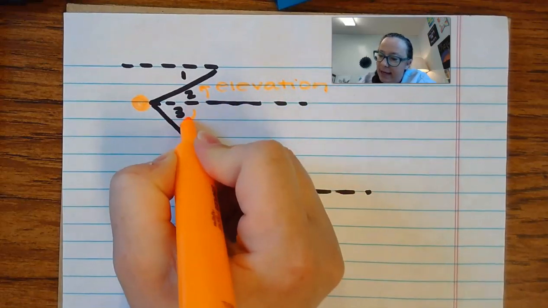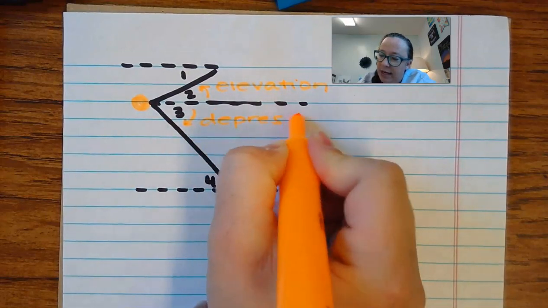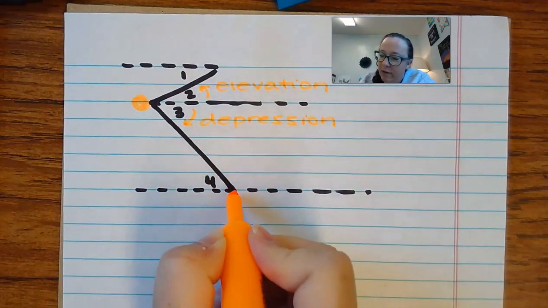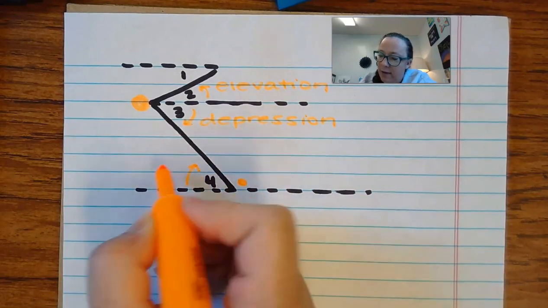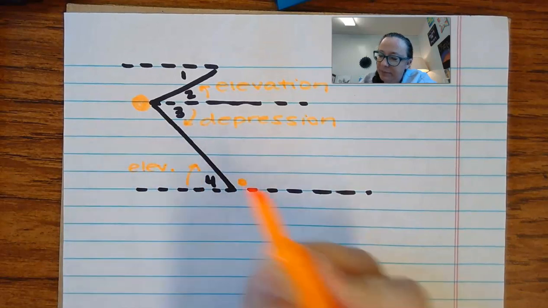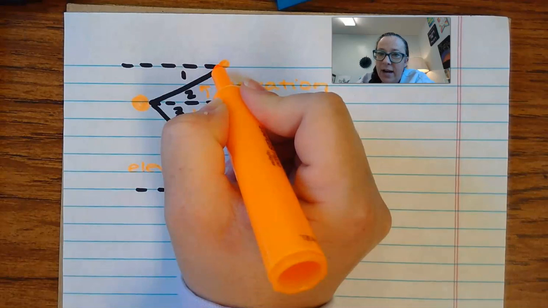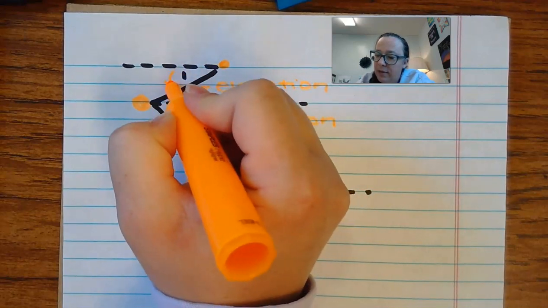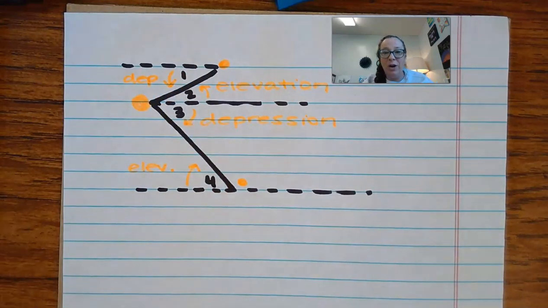And then down here to whatever was down here, that's an angle of depression because you're looking down. Now from whatever was right here as the observer, this is looking up from a horizontal line, so that's elevation. And then whatever observer is here, from the horizontal line, always from the horizontal, is looking down, so that's depression. Now we're going to go and label that.